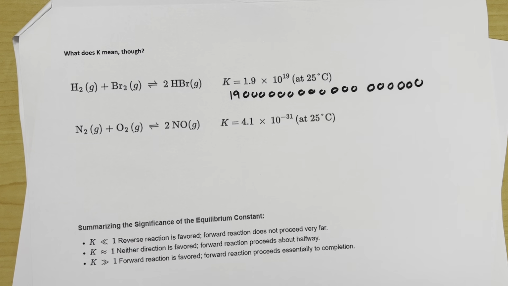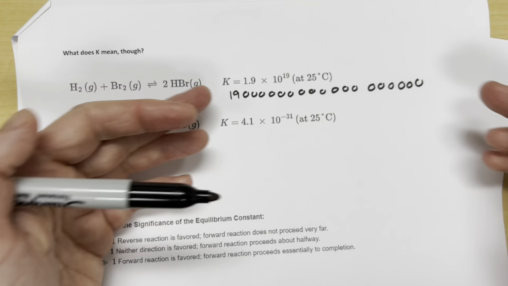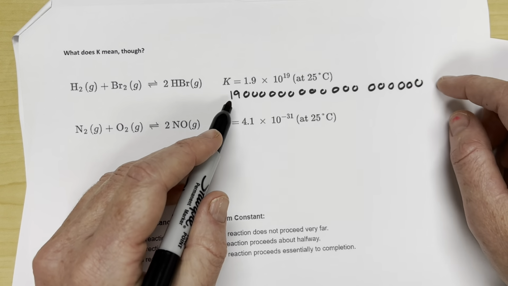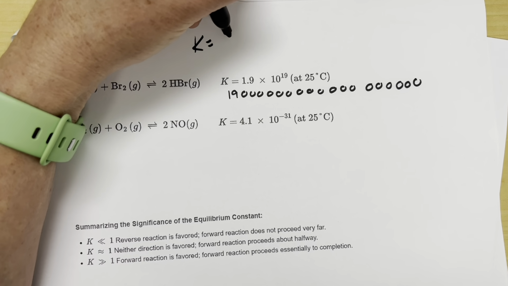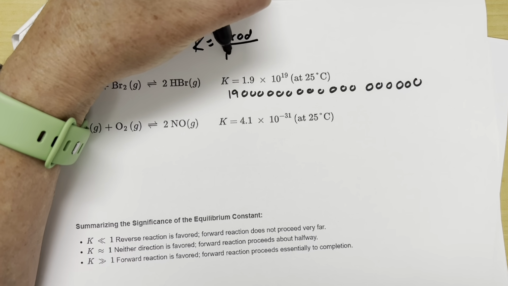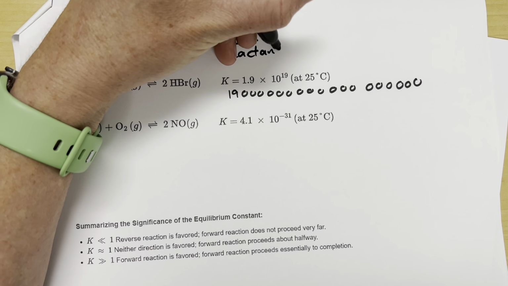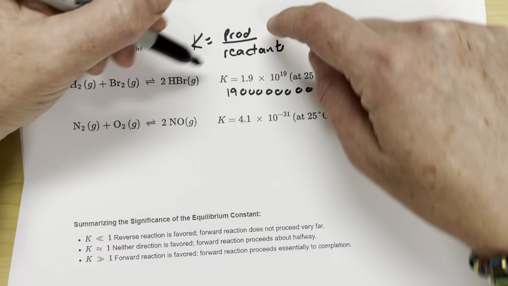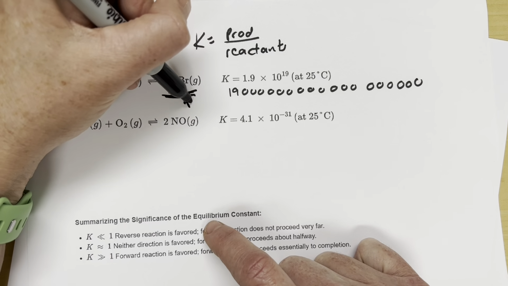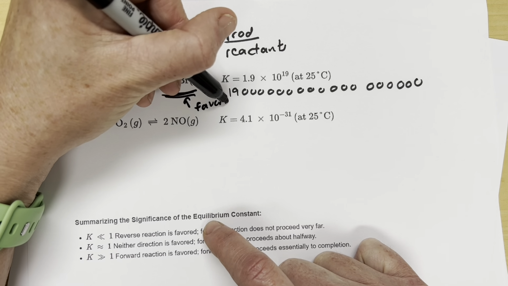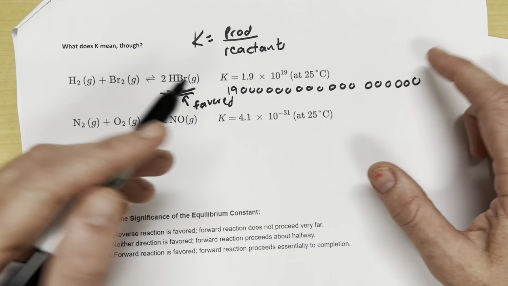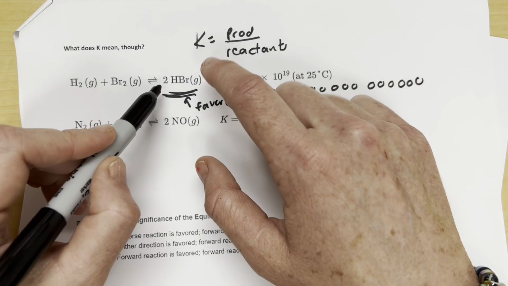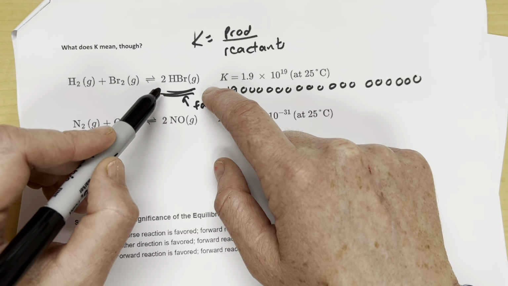It is that big. That's a big stinking number, right? So K is big. What that tells us is that there are more products. Remember, K equals products over reactants. What it tells us is there's more products, meaning this is favored. It wants to make a lot of that. That's what K essentially tells us. If K is really big, it tells us, hey, it really likes that HBr.